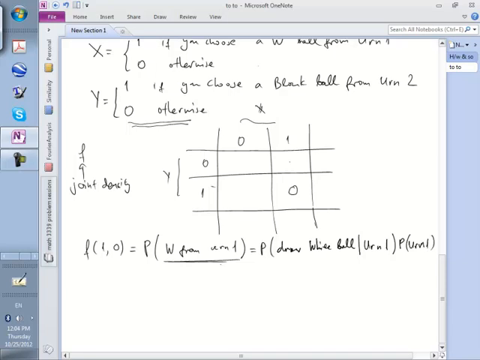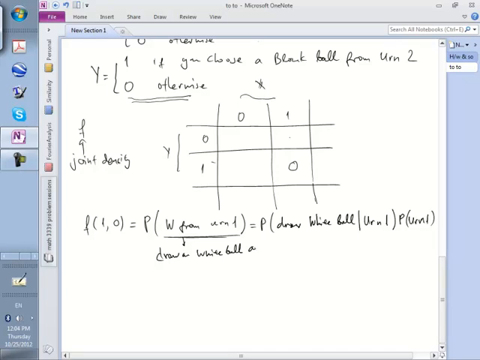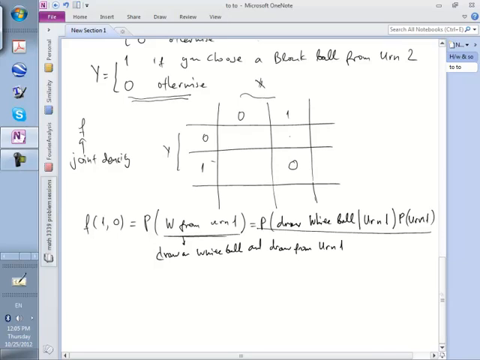Because this event should be interpreted in the following way: draw a white ball and draw it from urn 1. That's why I use this law here, which doesn't put me in the burden to see whether I have dependence or independence of these events.